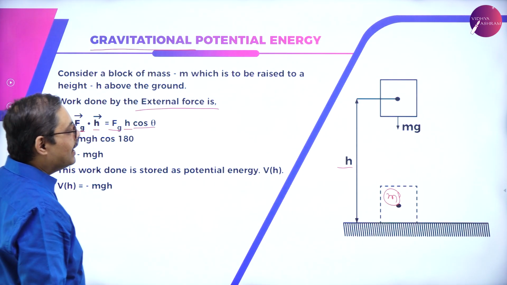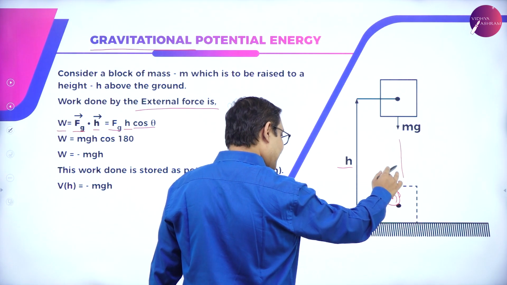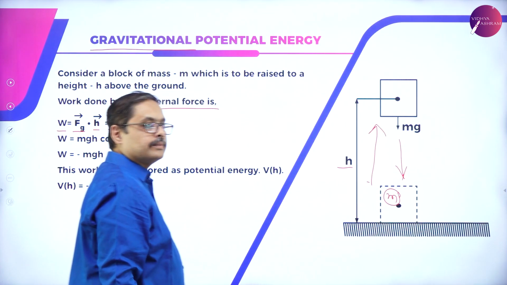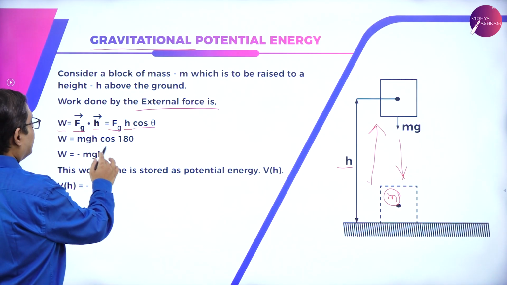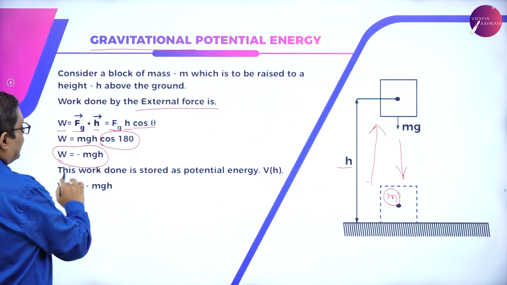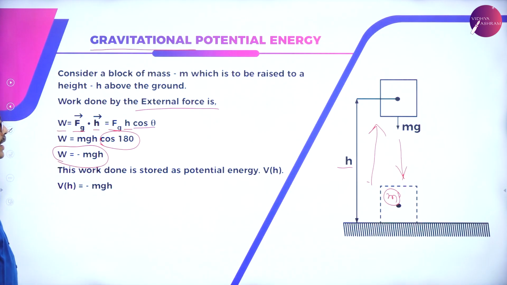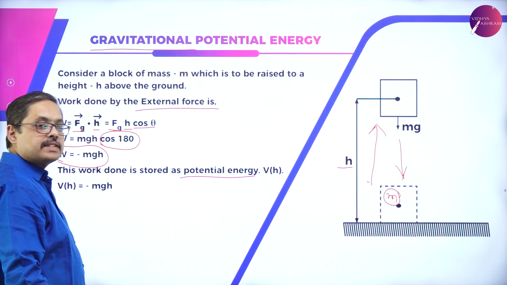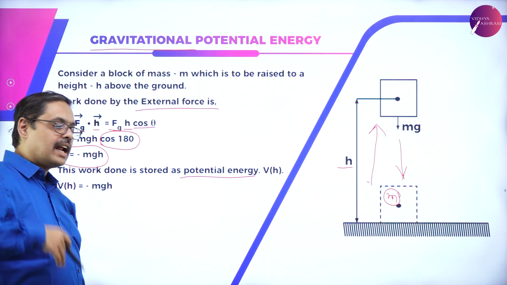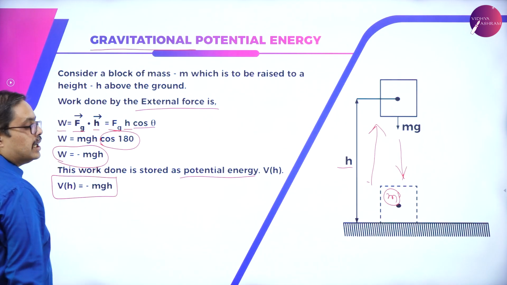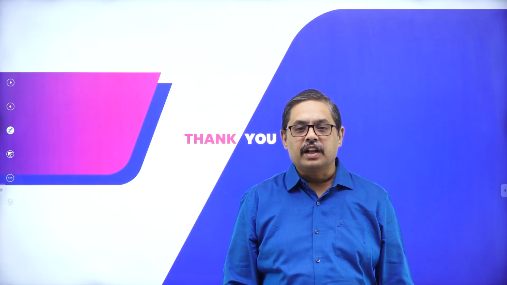Please remember, the gravitational force is acting downwards whereas the lifting force is acting upwards. So what will happen? Theta here is 180 degrees, or work done to lift this body is minus mgh. This is also stored as potential energy, but since the action is against the gravitational force, the potential energy shall be minus mgh.